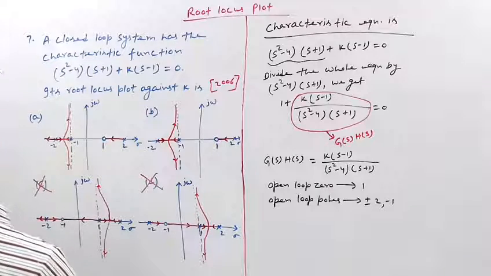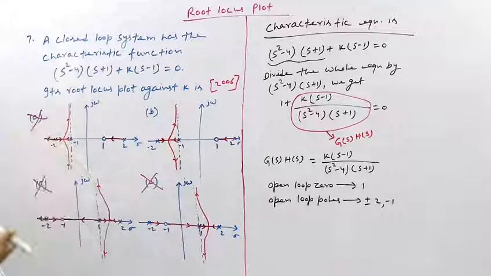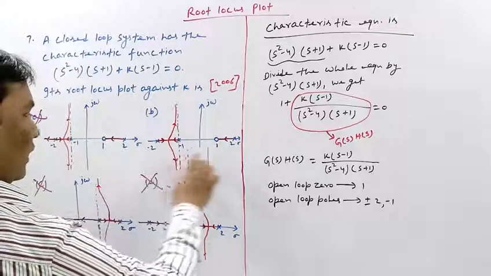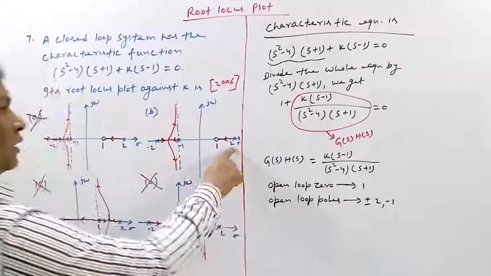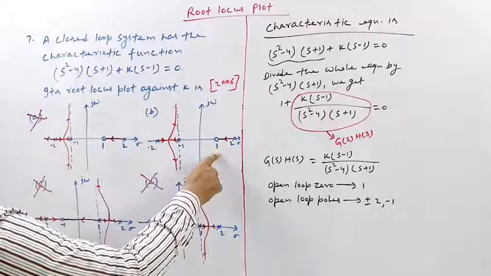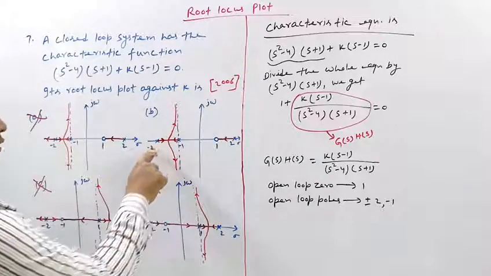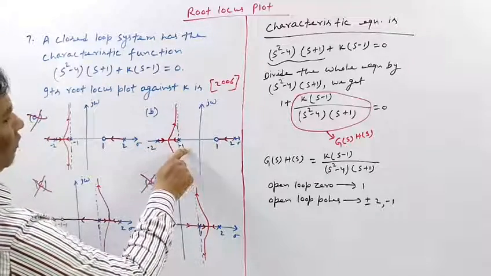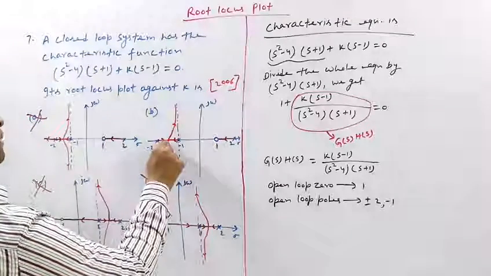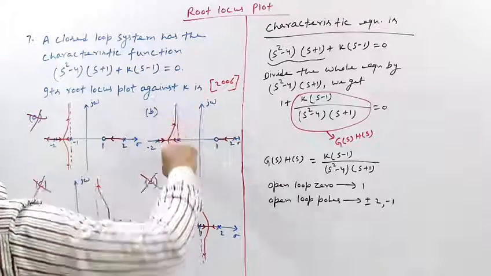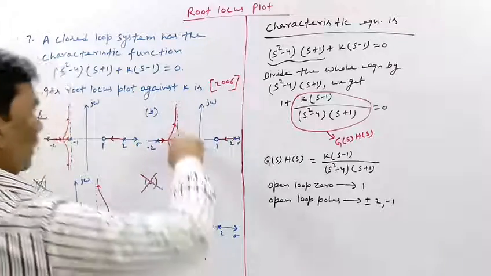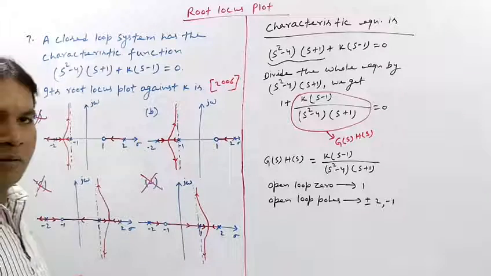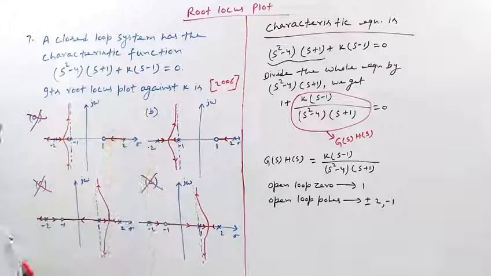So the only possible option left is this one. One branch of the root locus is starting from 2 and terminating at minus 1. Other two branches are originating from minus 2 and minus 1, and they are meeting in between, and then going towards the asymptote. The first asymptote is along 90 degree, the second asymptote is along 270 degree, and the centroid is at minus 1.